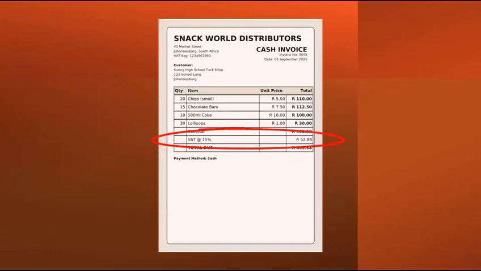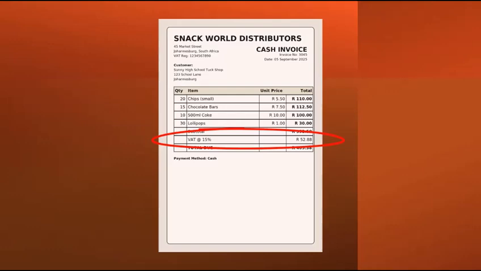The value added tax on our cash invoice is a total amount of 52 Rand and 88 cents. As mentioned already, that is the amount that we can claim back from the government on our purchases. The only reason why we can claim it back is because the tuck shop is registered as a VAT vendor.